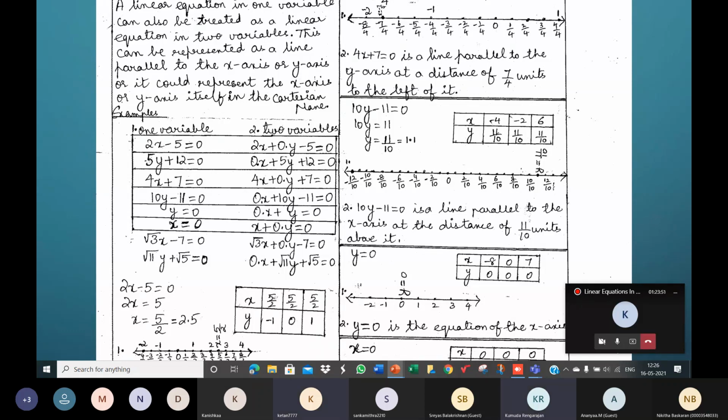Yes, now Shreyas, you had to ask me something. Ma'am, the first equation is 2x plus 0.y. You have written like 0.y, ma'am, or is it 0y? Yeah, 0y is written as 0.y. I did tell you about that.